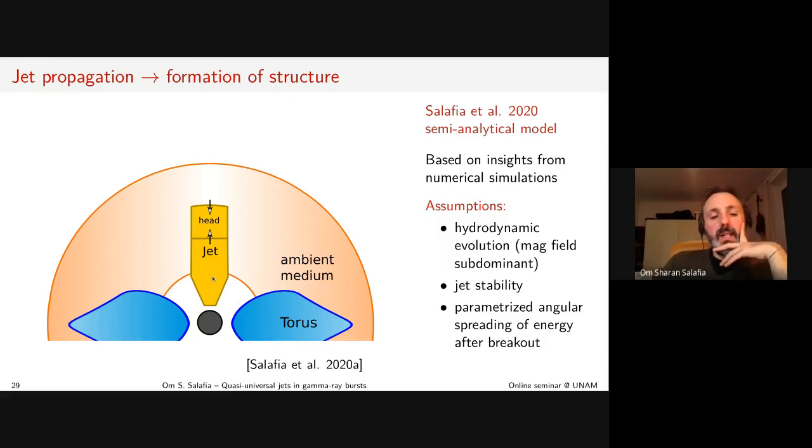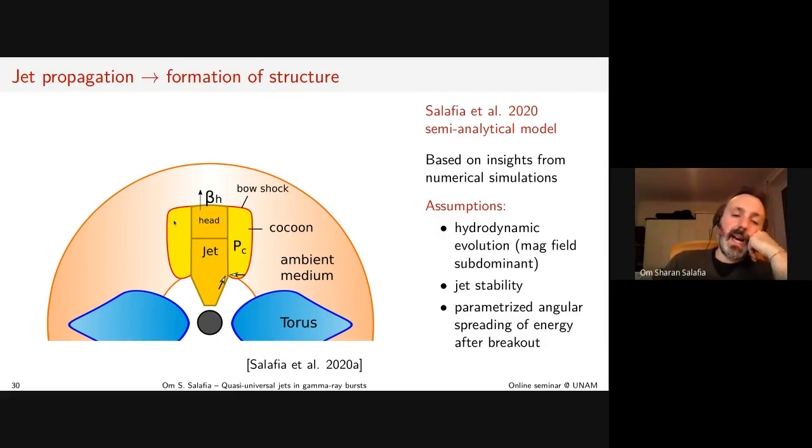So you have that the jet is produced by the central engine, but it collides with the ambient medium, which is for example the stellar envelope, and it produces a forward and a reverse shock, and the region between these two shocks is called the jet head. And typically, this jet head has a bow shock as a forward shock, which means that part of the material which is shocked within the head is cast aside and occupies a region surrounding the jet, which is called a cocoon.